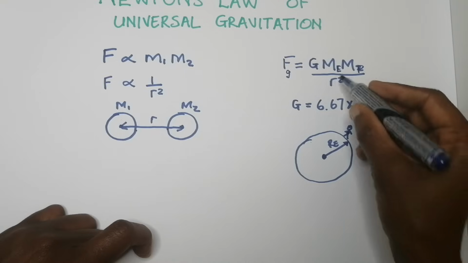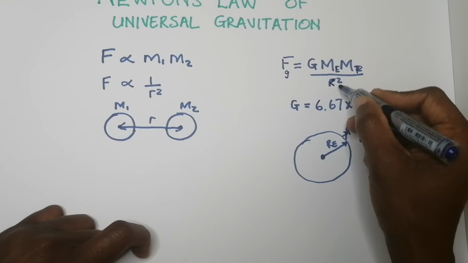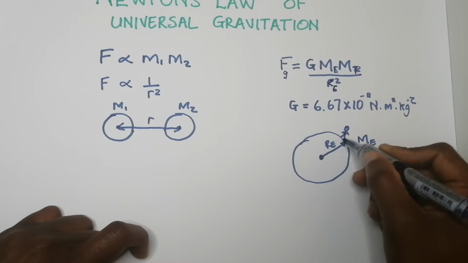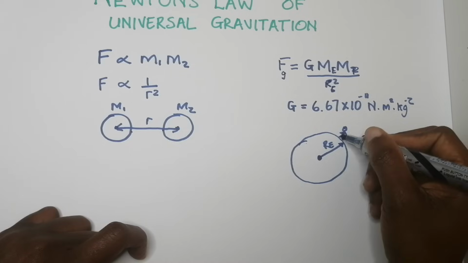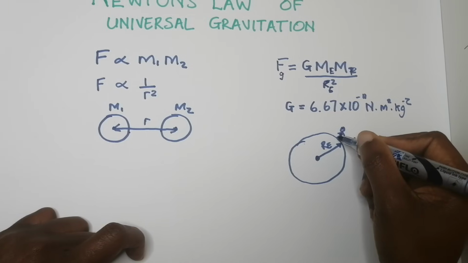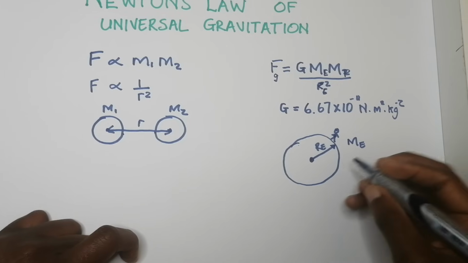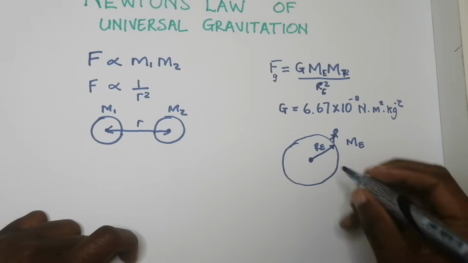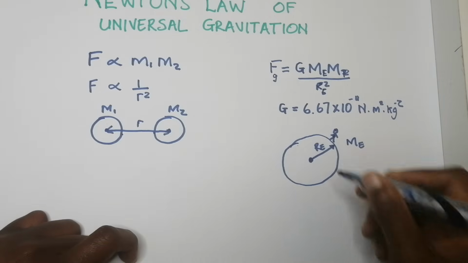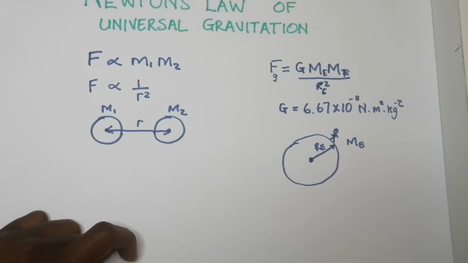What would R be here? It would be RE, the radius of the Earth, because the distance between the surface of the Earth and the center of the person is quite negligible. So you would consider that to be just the radius of the Earth.